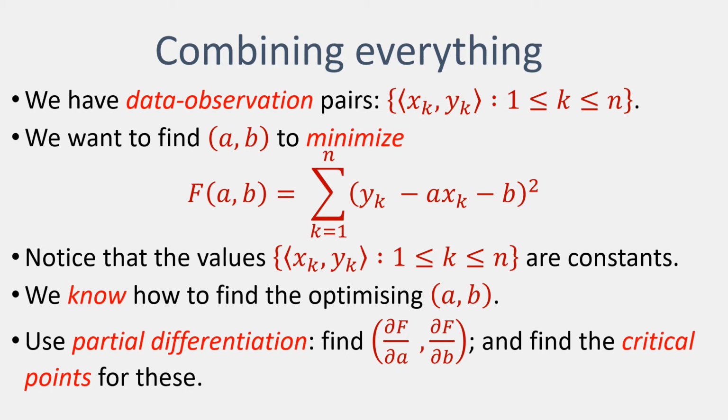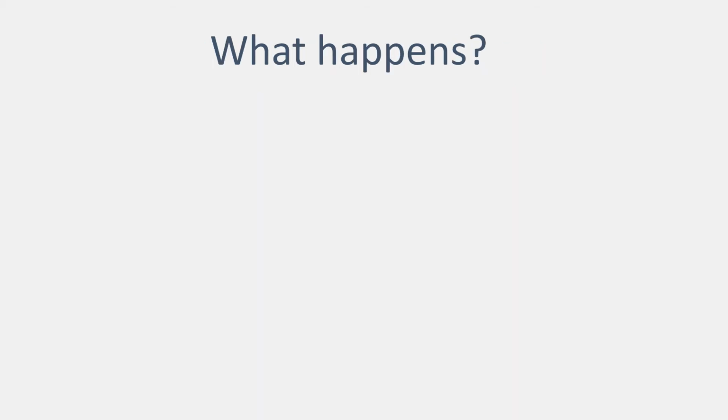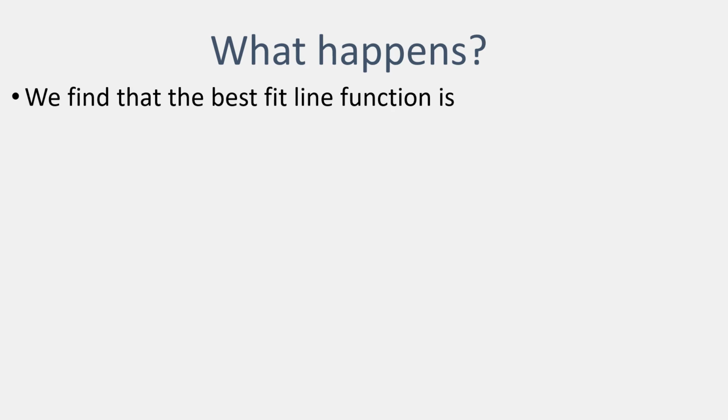So it's going to involve taking the partial derivative of this function with respect to one of the variables, taking the partial derivative of that function with respect to the other variable, and finding the critical points that result. So let's look at what happens when we do that.